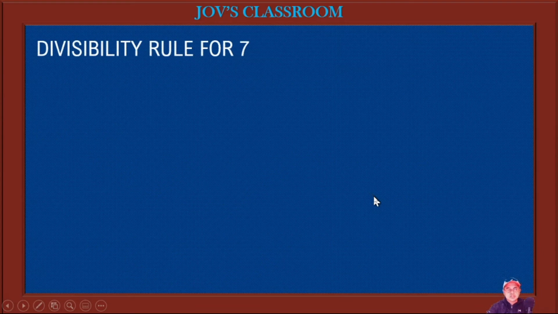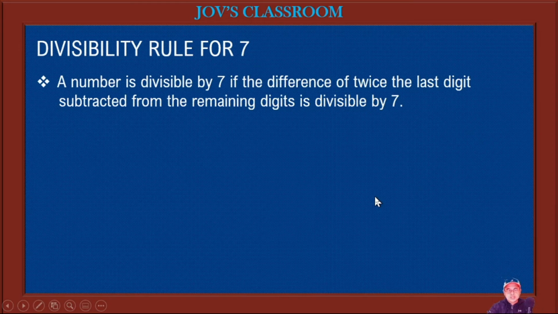Divisibility rule for number 7. For divisibility by 7, if the difference of twice the last digit and the remaining digits is divisible by 7. So if you have a given number, take the last digit, multiply that by 2, and then subtract it from the remaining digits.